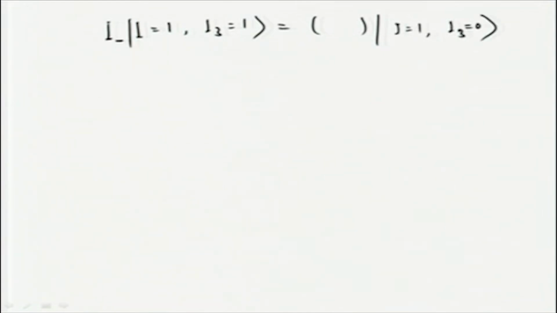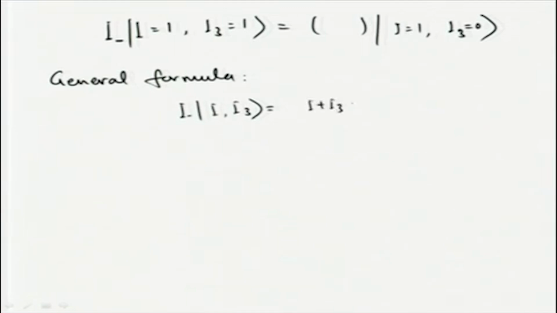What is this something? In a general case, for a step down operation, I minus on I, I3 gives the square root of I plus I3 times I minus I3 plus 1, that is the coefficient that will come with this, and I, I3 equal to I3 minus 1.